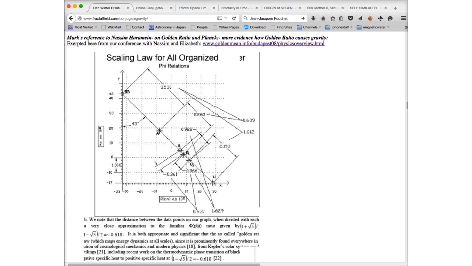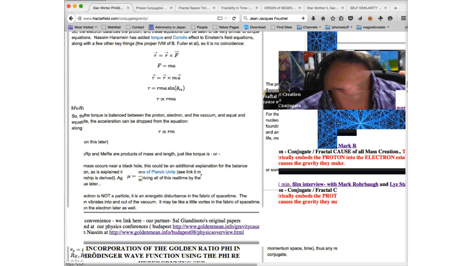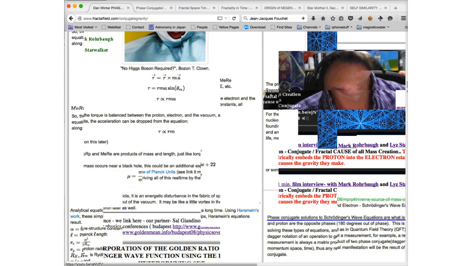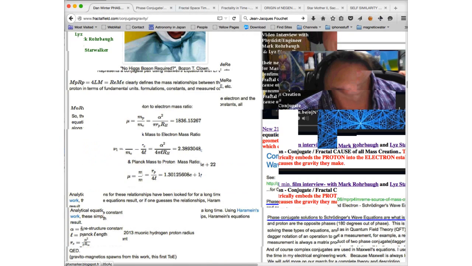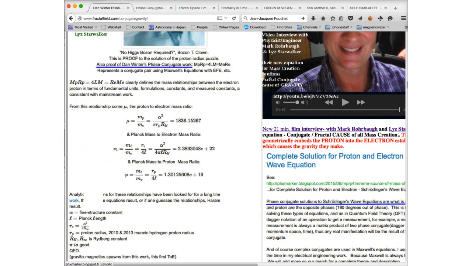But in the process, we're mentioning again Mark Rohrbach's work, where he then took Nassim's Schwarzschild proton radius here in this equation from Mark Rohrbach's work, which he's going to explain more in a follow-up course here.